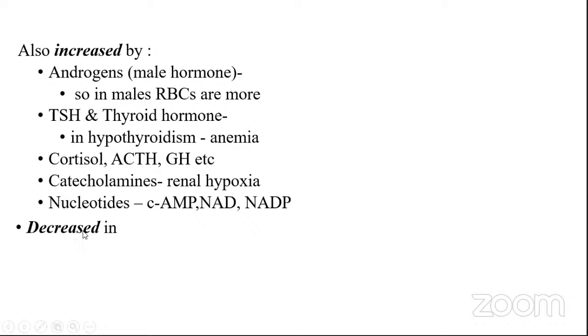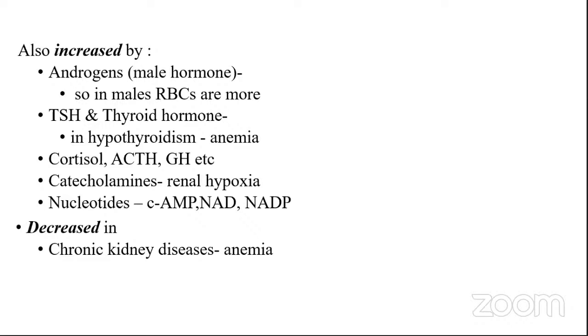Erythropoietin is decreased in chronic kidney disease, which causes the anemia of chronic kidney disease. This is the major one. Also, estrogens inhibit erythropoiesis by inhibiting erythropoietin production, also by decreasing the response of the stem cells to erythropoietin.